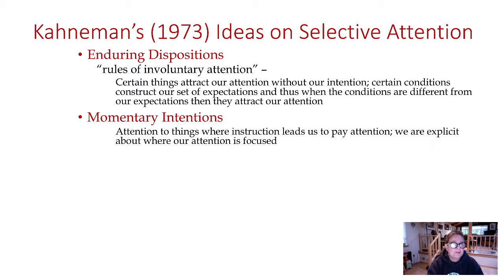We have a set of expectations for the way things are going to be, and those things attract our attention, essentially. But when something is out of the ordinary, then that's actually going to affect my enduring dispositions.